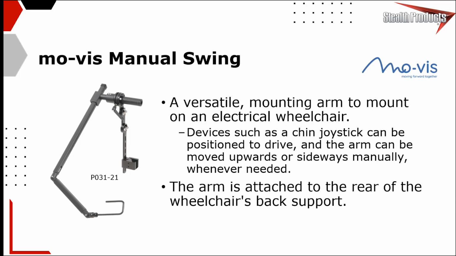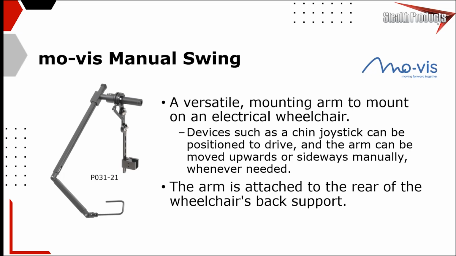Now, the manual swing is also a chin mounting system from Movis, but much like the multi-swing, you're using the same arm, so the cabling runs through that adjustable arm, and it's going to attach to an upright cane on the back of the chair or vertical and horizontal tracks on the back side of the chair, things like that.